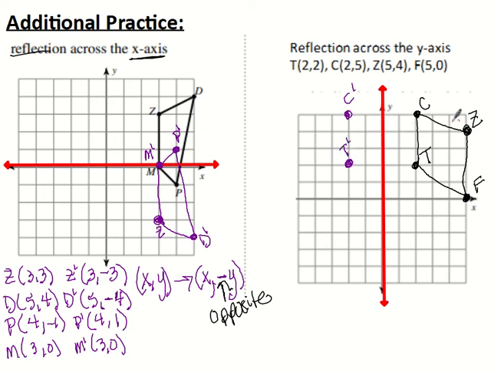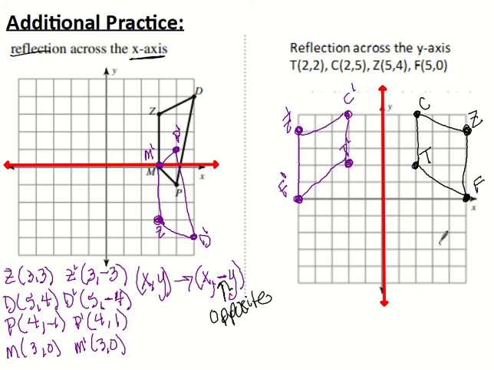Z was 5, 1, 2, 3, 4, 5, so there's Z prime. Notice I'm not counting up or down. And then F, 1, 2, 3, 4, 5, because I don't worry about that. I'm just moving it to the other side across this line. Then I'm going to reconnect.